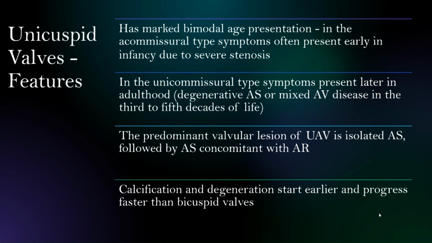Some even say between the 3rd and 5th decades of life, with a combination of aortic stenosis, possibly predominant, with occasional mixed aortic valve disease. The predominant lesion, as I said, is aortic stenosis, followed by AS with associated aortic regurgitation. We must also remember that the calcification and degeneration start earlier and progress much faster in comparison to bicuspid aortic valves.